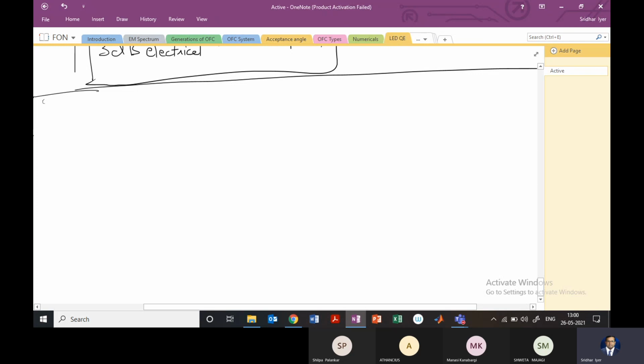So let us take one numerical. We have time for that, and then we'll proceed with the other part of LED, just a small part, followed by laser in the next lecture. We are going to follow the same thing for a laser, how it operates. We have already discussed the types of laser, and how amplification and carrier confinement happens in a laser.